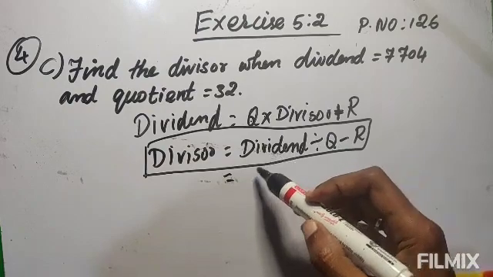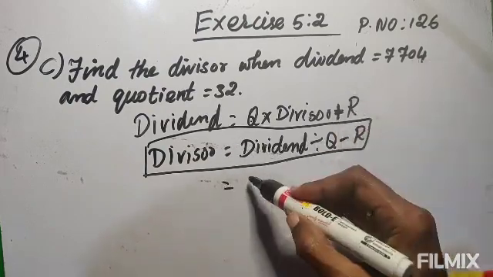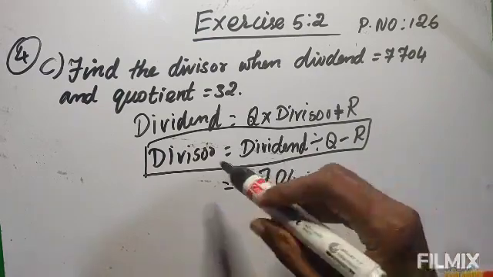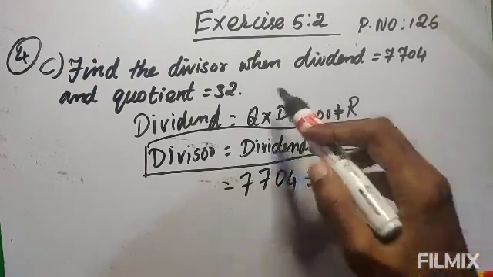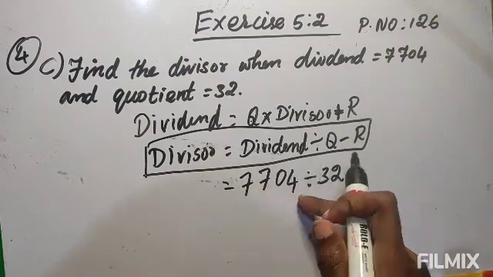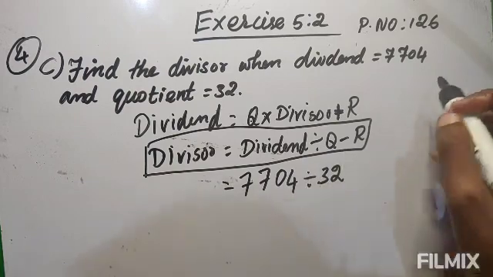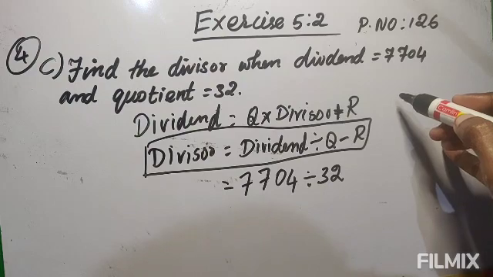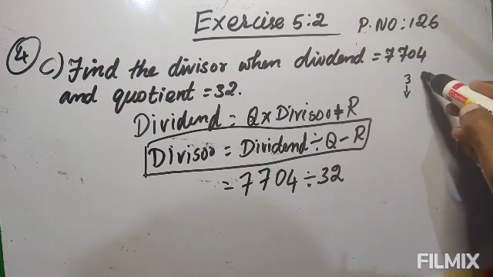To find the divisor, dividend divide by quotient. So 7704 divide by the quotient, 32, and minus remainder, but here remainder is not given, so you can leave it. So now you have to divide 7704 by 32. Let's do the 32 table, the shortcut. I already taught you how to do the short form.